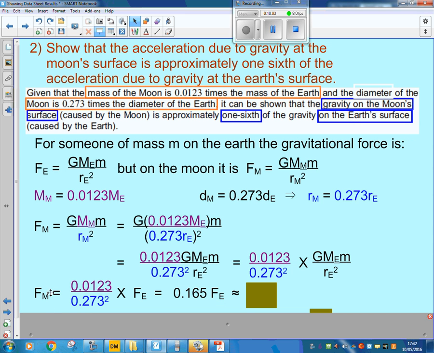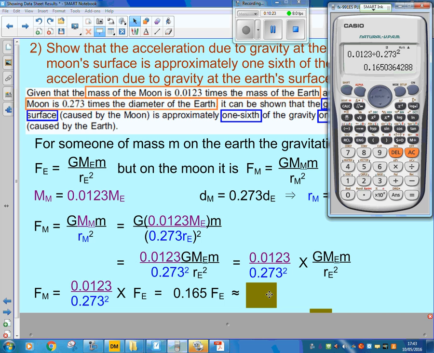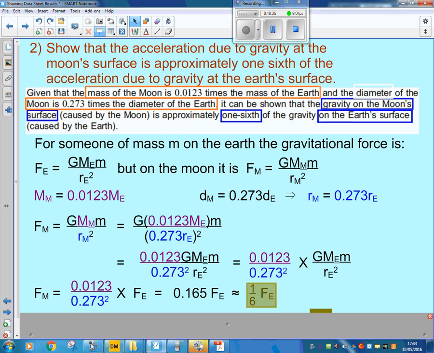And so we're saying that the force exerted by the Moon is about 0.165 times the force that the Earth would have applied to somebody on the Earth. So it's about 0.165 times as much. But we want 1/6. So let's compare 0.165 with 1/6. Well, 1 divided by 6 is 0.16 recurring, so it's very, very near to the 0.165. So it's very similar to 1/6 times the force on the Earth.